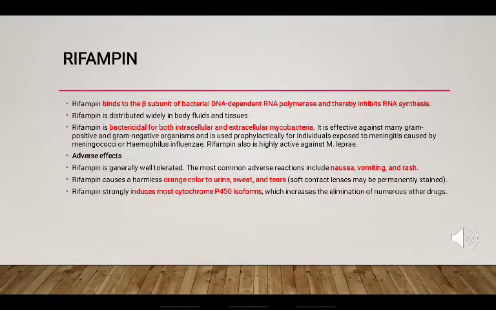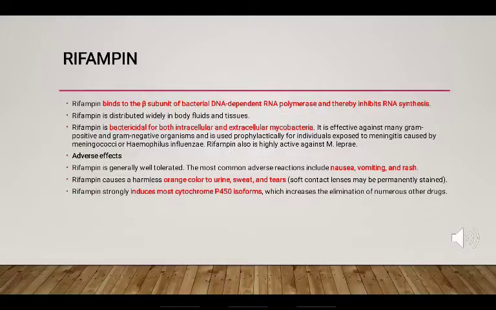Another important antibiotic that is used in the treatment of tuberculosis and effective against many other types of bacteria is rifampicin. And rifampicin basically inhibits RNA synthesis. So there is no RNA, no cells growing, cell death. That's it.